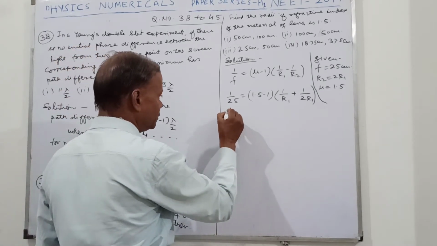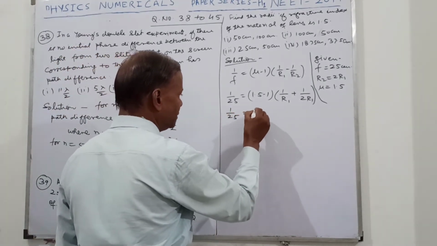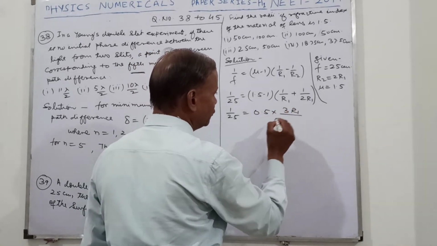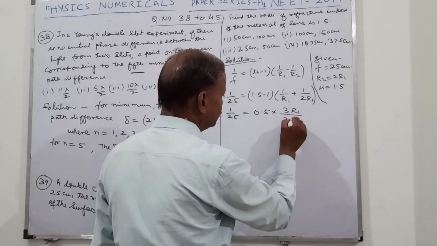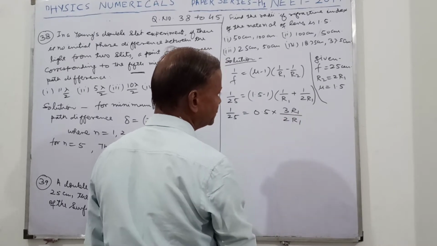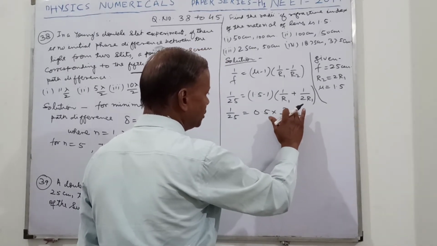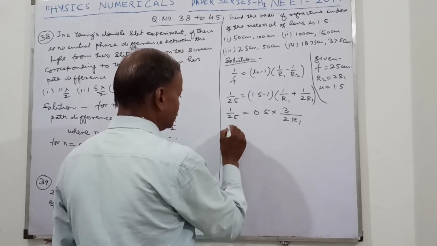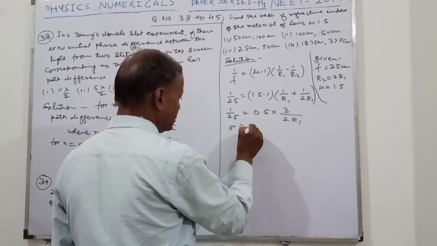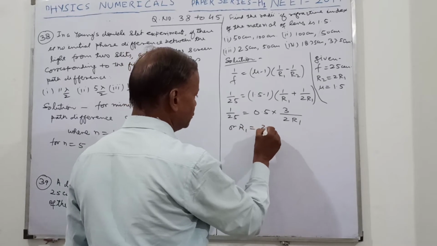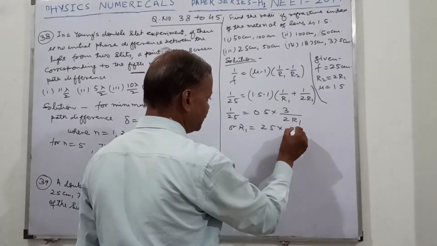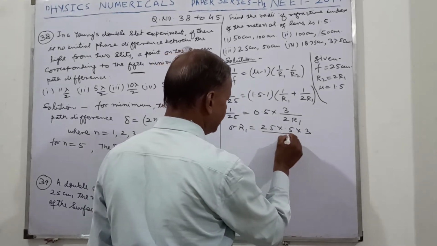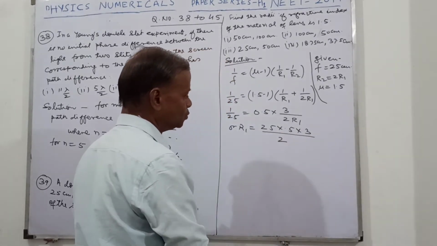So this is 1 upon 25 equals 0.5 into 3R1 upon 2R1, so this is 3 upon 2R1. Or R1 equals 25 into 0.5 into 3 divided by 2.